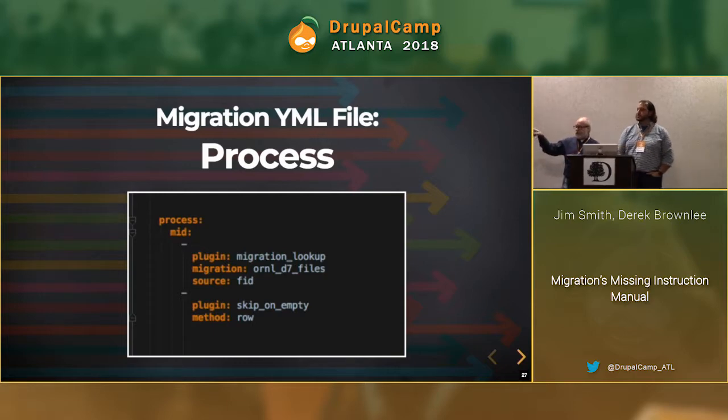So you see that the destination field name is MID, or media ID, and then the lookup will find the file ID in the previous migration. In this particular case the next plugin is skip on empty, which is saying if that doesn't exist, then we're using method row, which says don't do anything more to the migration, just stop. There's another method which is called process, which allows the migration to continue and just ignores this part of the migration.